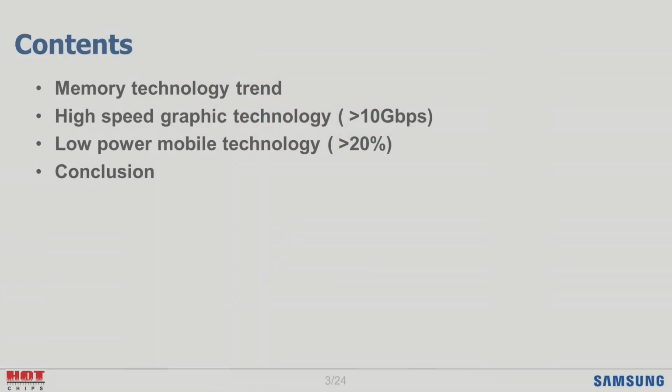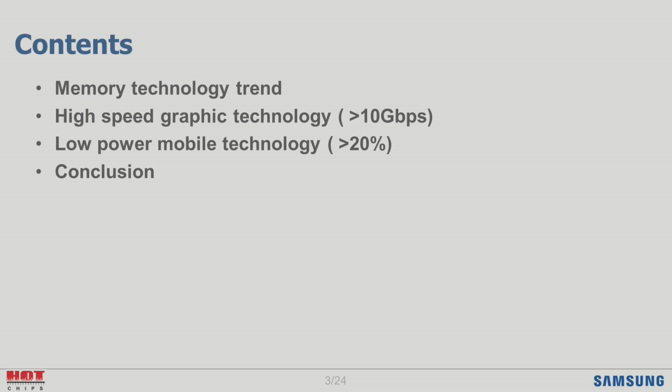Okay, before technology in detail, I'm starting with the memory technology trend overview and application requirements. And then we will deep dive into two challenges. The first is the high-speed graphics memory technologies, which are the 10 gigabps GDDR5 and over 14 gigabps GDDR6.